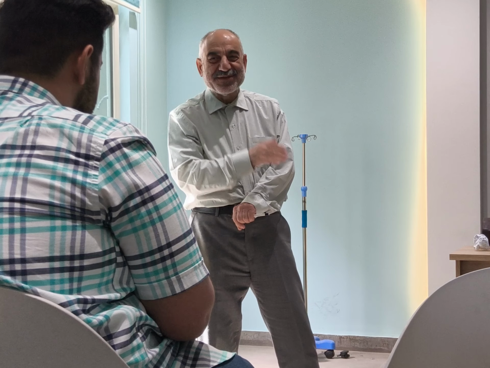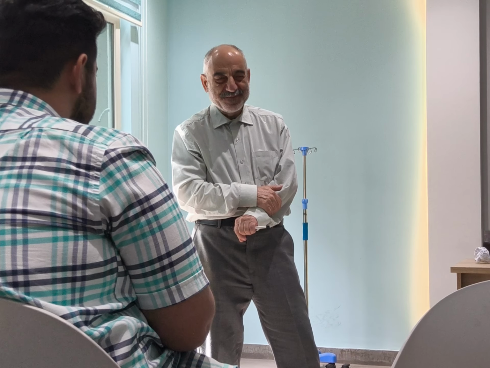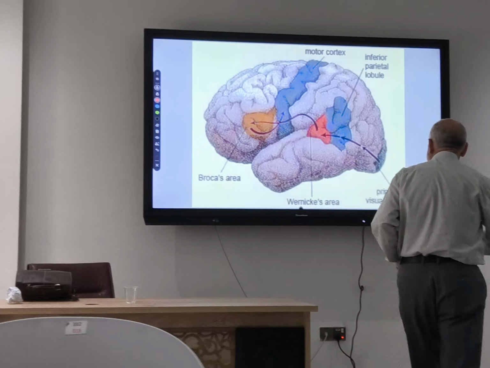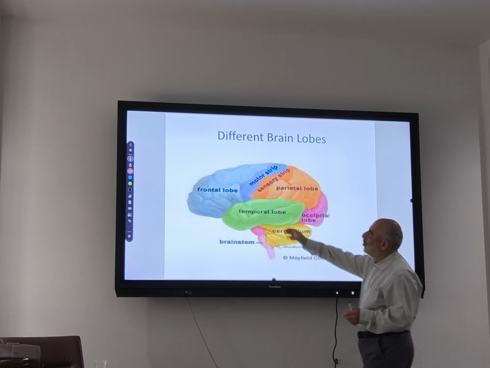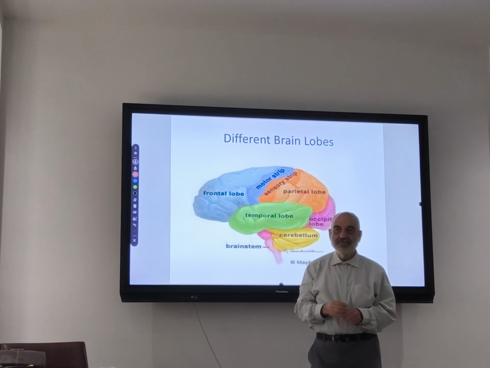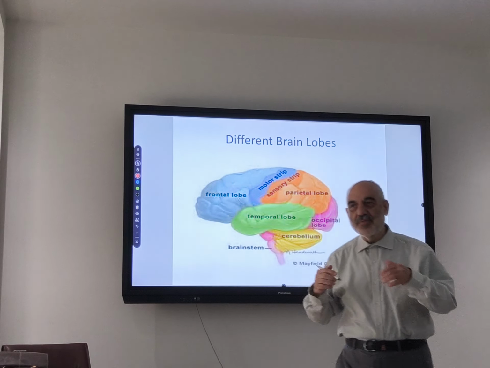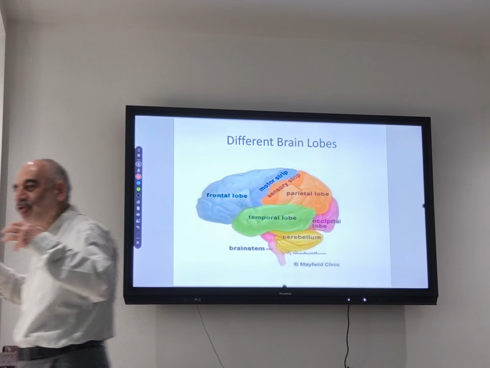Very, very important for physiotherapists. Okay? If you know anatomy, if you know the physiology, you can distinguish. It's very important. And maybe in this sense, you have the frontal lobe. All the time the frontal lobe is responsible for motor.